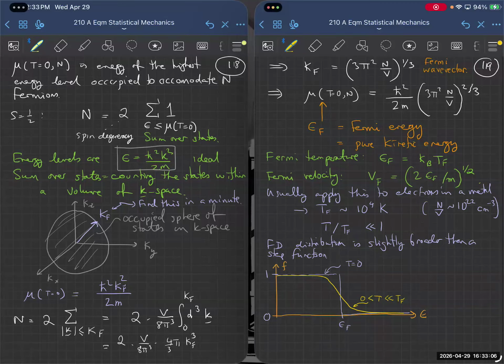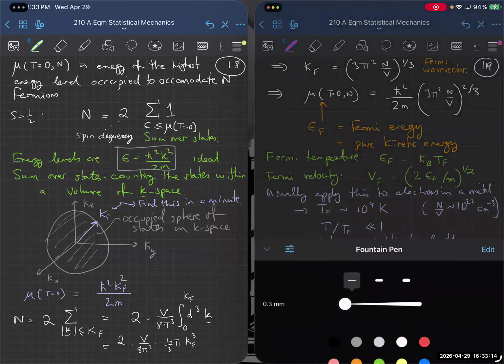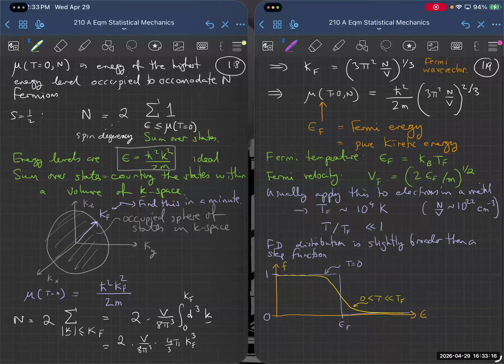And what do you think it would look like if T was much higher than TF? Well, we already know the answer because I've told it to you before. Now all these states out here would be occupied, and you'd have something that looks like this.